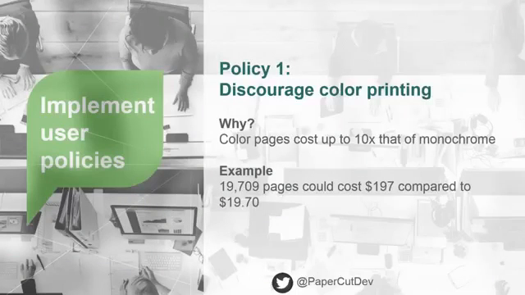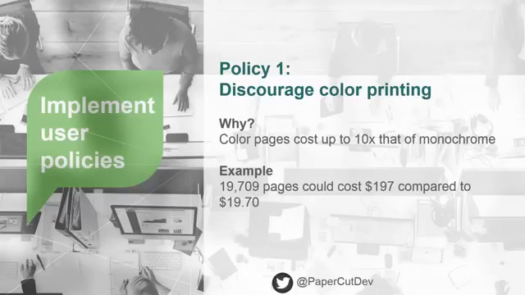The first policy that we'll look at today will be colour printing to grayscale printing. To us it seems pretty obvious why we would want to implement that, but not everybody on the call may understand what the printing costs of an organisation are, but they're enormous. When it comes to colour pages versus monochrome or black and white printing, generally you're paying 10 times the value of a monochrome print when you're printing colour.